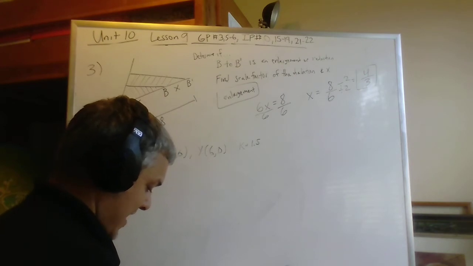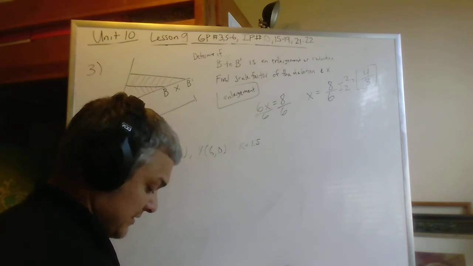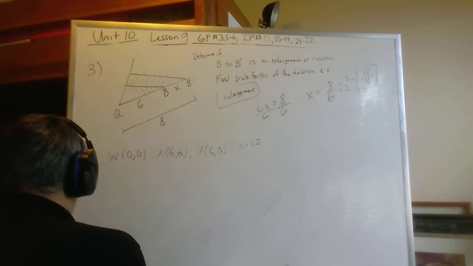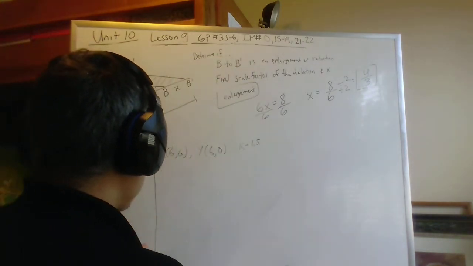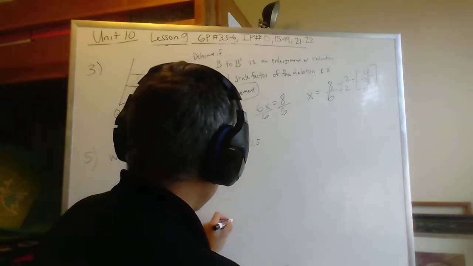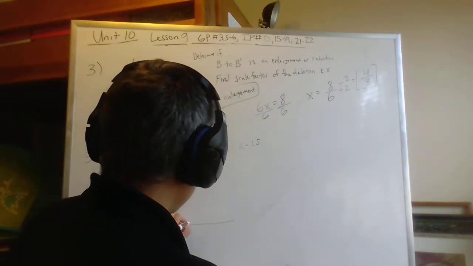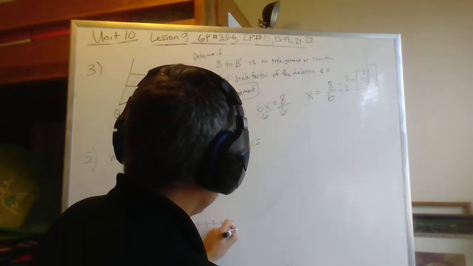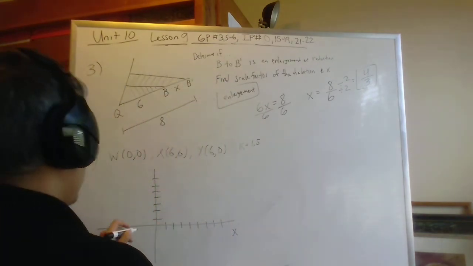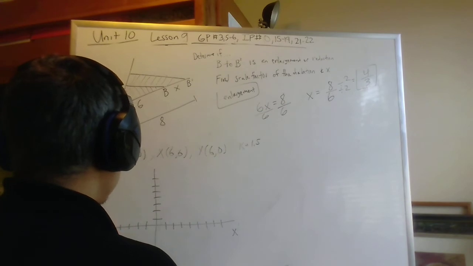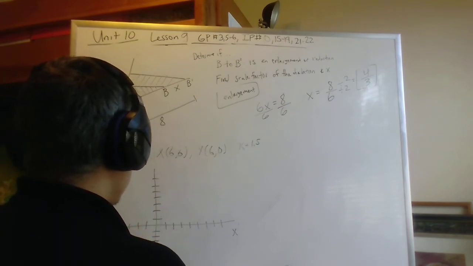So what we're going to do is graph these vertices. I'm going to graph this triangle because that's 3 points and they're all connected. So if there are 3 vertices, it's going to create a triangle.